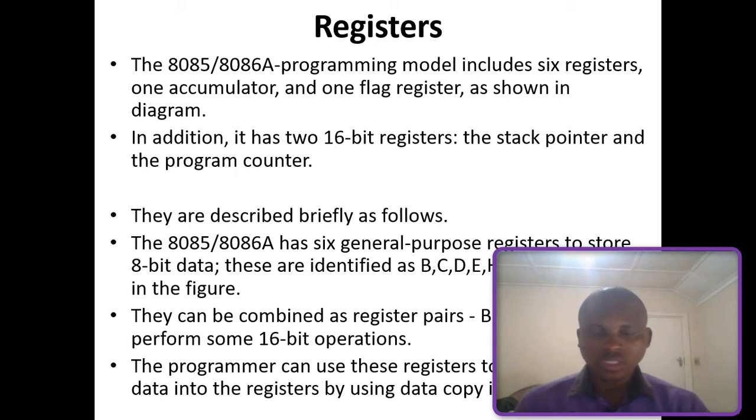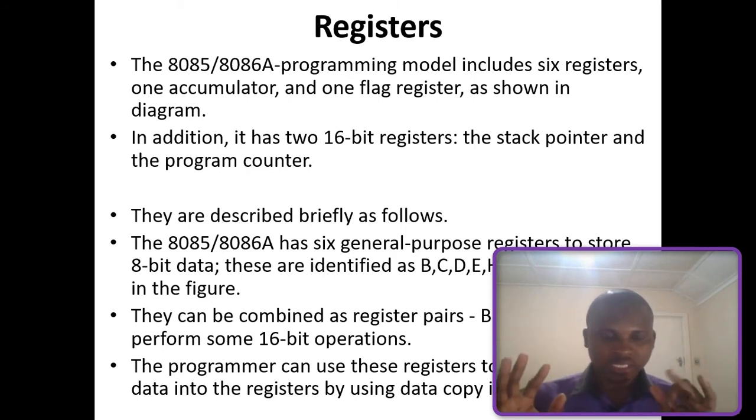We have 6 general purpose registers to store 8-bit data. We know that computers understand the binary language, which is 0s and 1s. A single 0 is a bit. So an 8-bit data means a series of 8 zeros and ones.